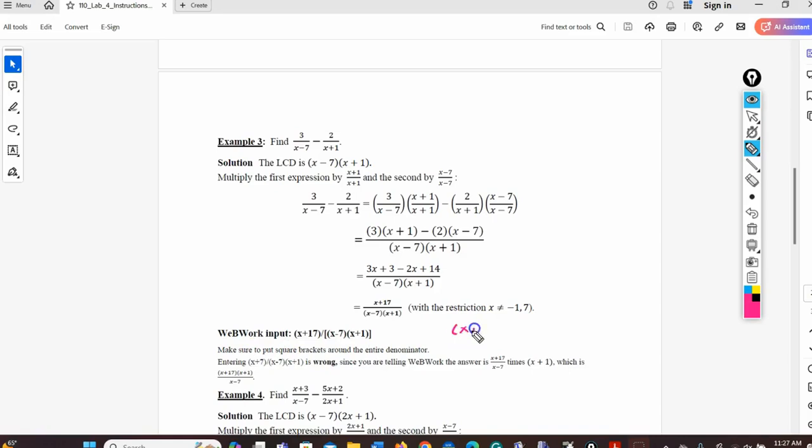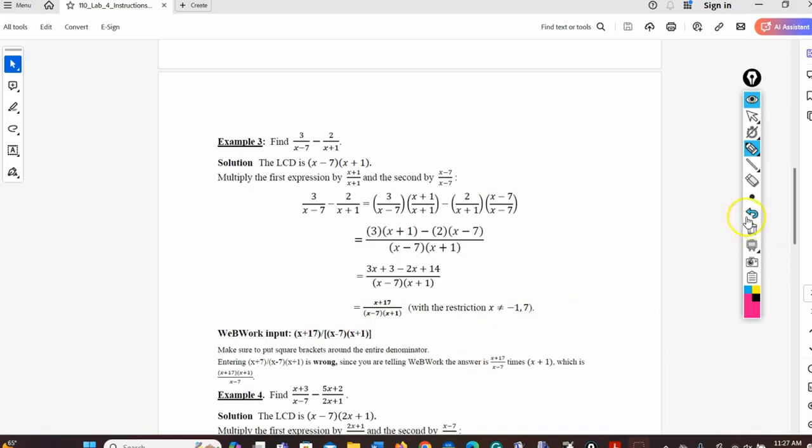So if all you do is type in this, that answer is wrong because you have just told WebWork that you're going to have x plus 17 over x minus 7 all times x plus 1. That's what you've told WebWork the answer is. This is why you need that extra grouping around the complete denominator.